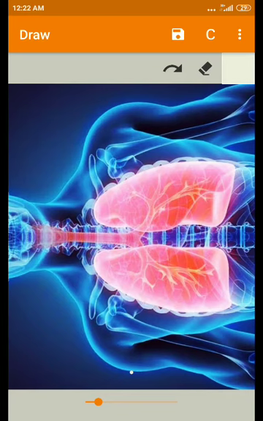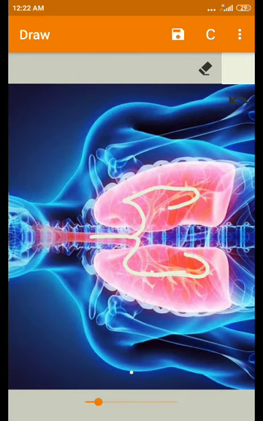So if there are any changes in the pulmonary system, that means any changes in the lungs, they also have some effect on the biomechanics of the thoracic cage. So changes in the pulmonary system also alter the thoracic cage biomechanics.